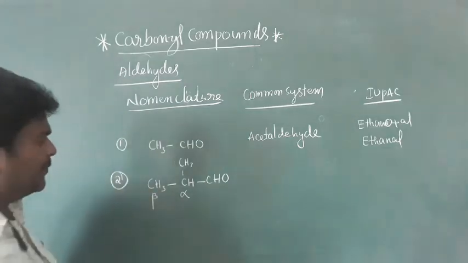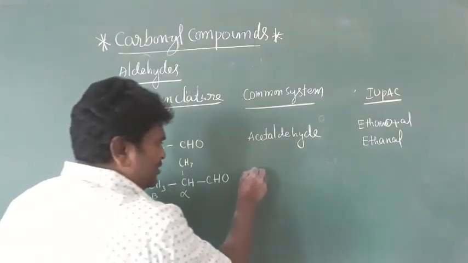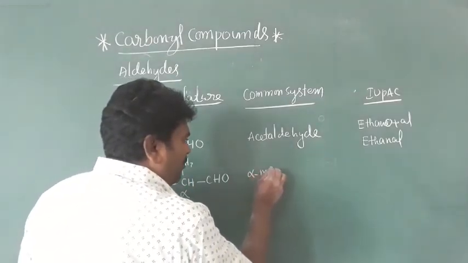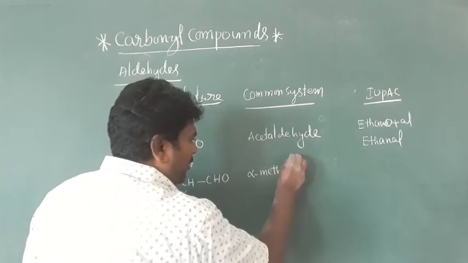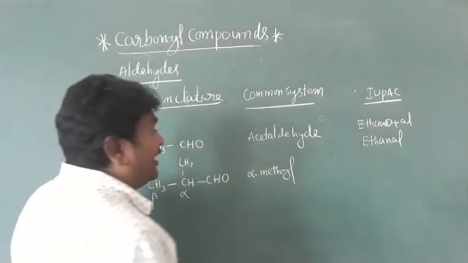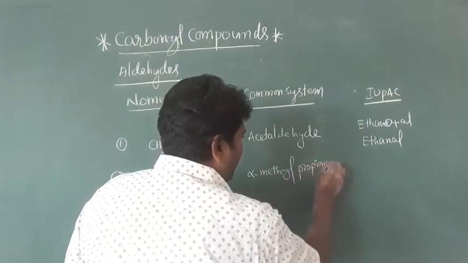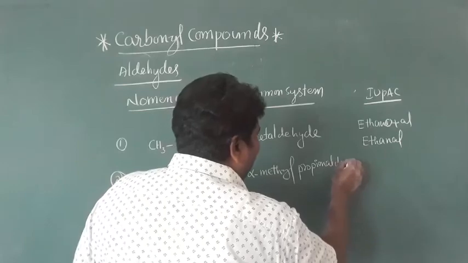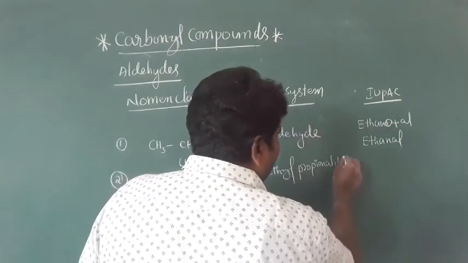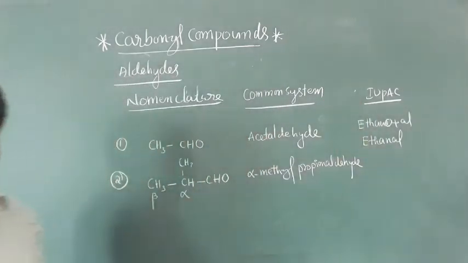You have to see here. In the alpha carbon, a methyl group is there. It is called alpha methyl. How many carbons here? 1, 2, 3. Propionaldehyde. It is very important.